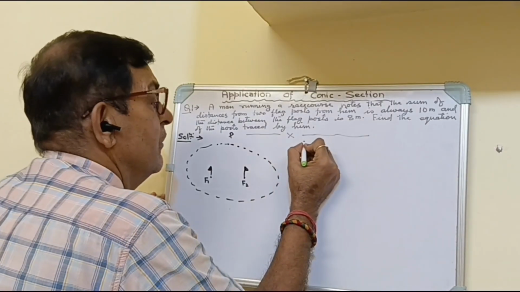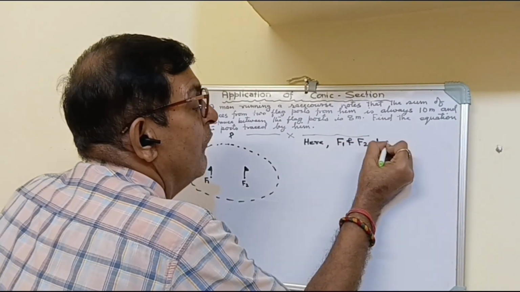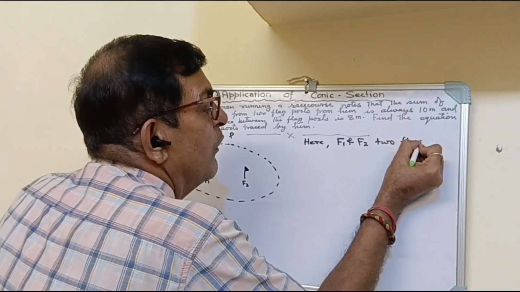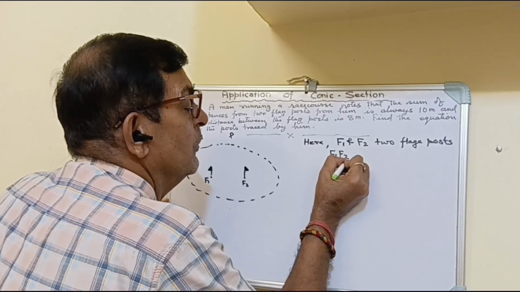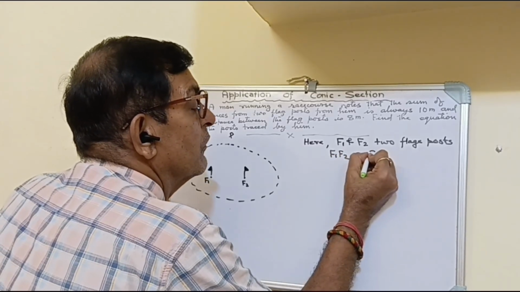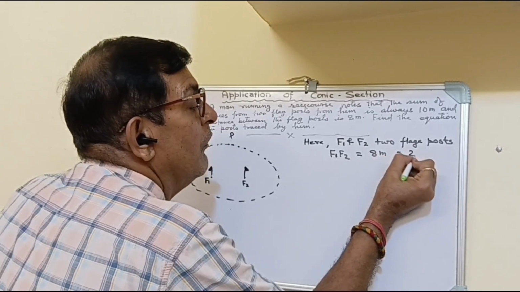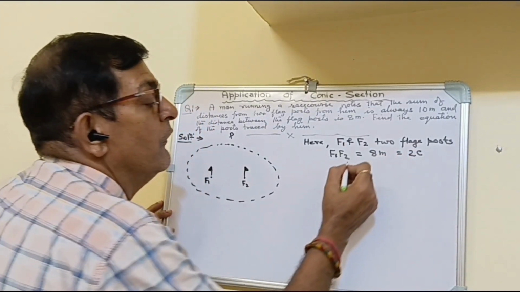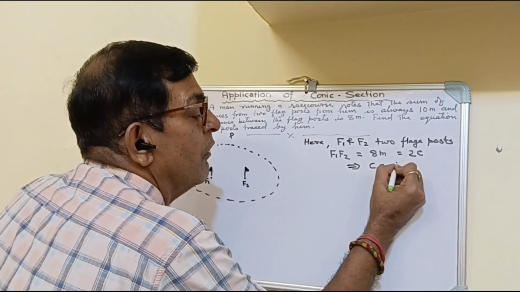So here F1 and F2 are two flagposts. F1F2 is equal to 8 meters, that is 2c. Or c is equal to 4 meters.